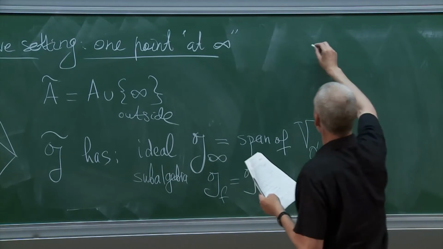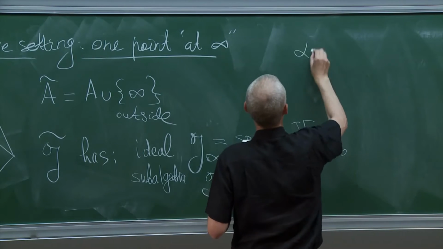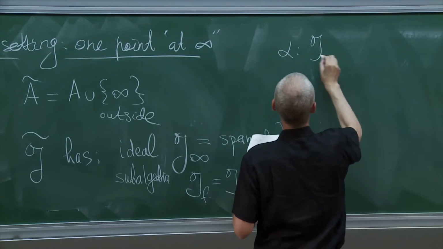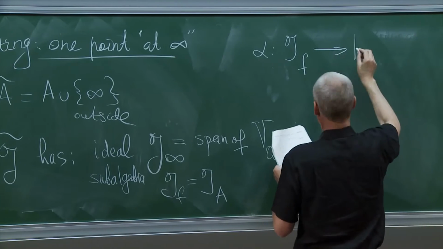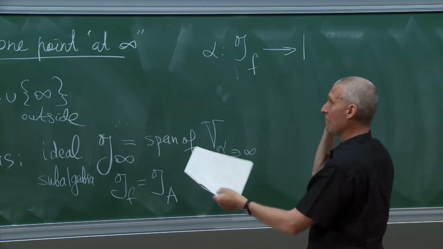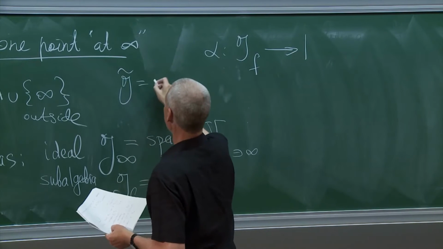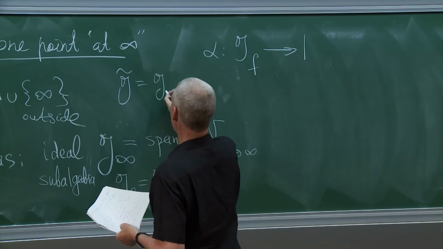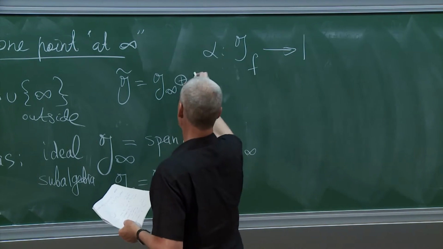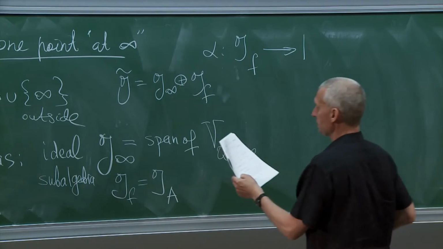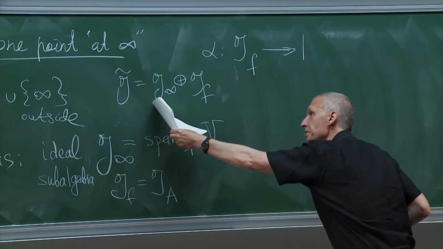So there is a canonical map, say alpha, from GF to the derived functor of derivations of G infinity. When we have a Lie algebra G hat, which is a direct sum of a subalgebra and an ideal, it means that the subalgebra acts on the ideal.